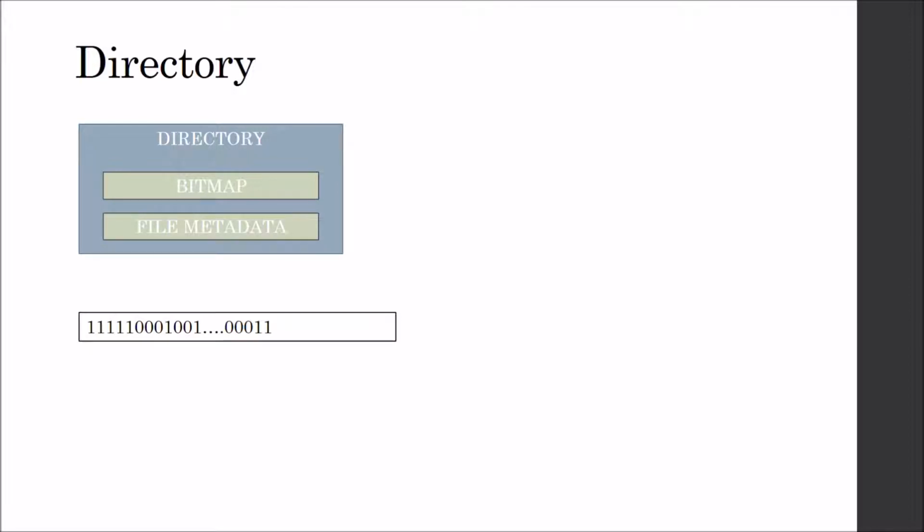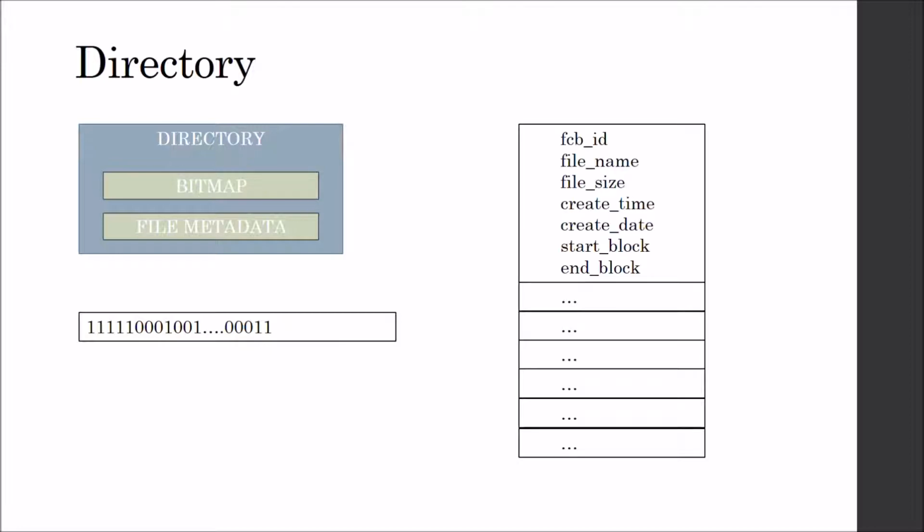The way I implemented that is by creating a structure for the FCB, to contain the file name, size, time, start block, and end block, and inserting an array of those FCBs into the directory itself. So the directory points to an array of FCBs, and each FCB contains certain information.